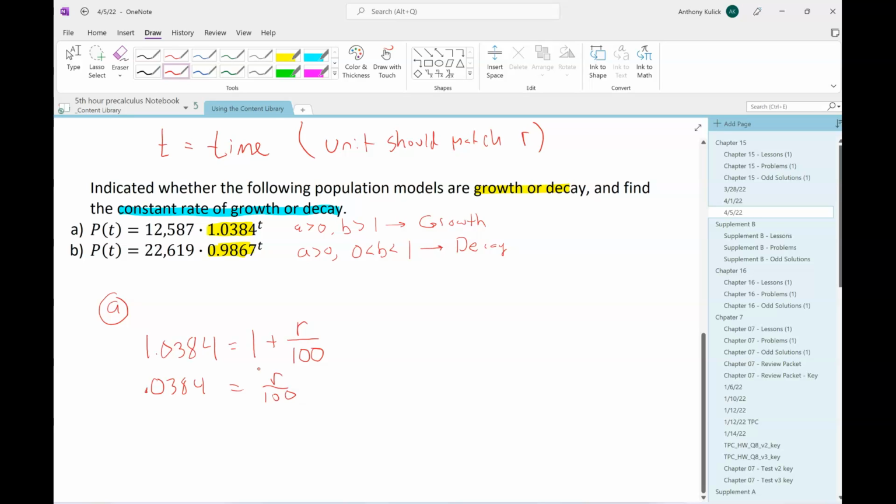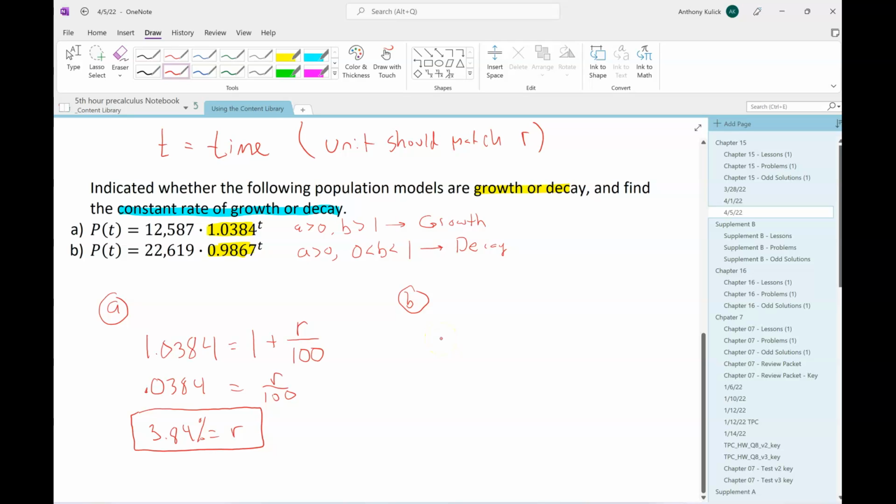And then multiply both sides by 100. There's my value for r, and remember r is a percentage. So I have 3.84%. Cool! No big deal.